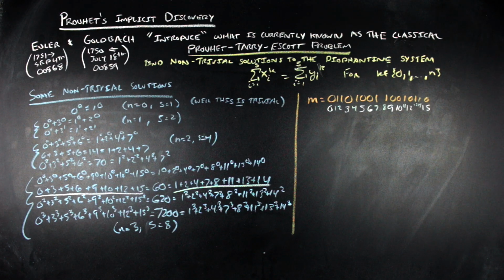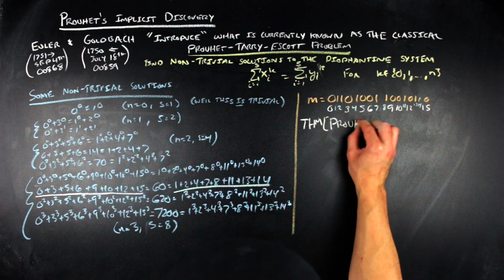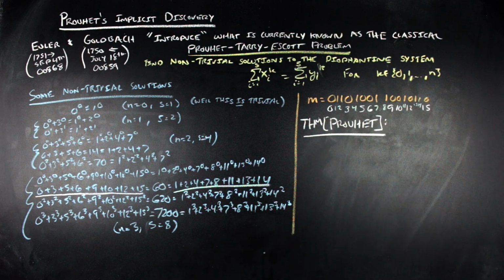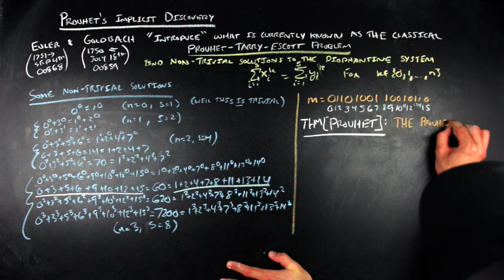In particular, Prouhet proves the following theorem, just in an equivalent wording, since the Prouhet-Thue-Morse sequence was not something that he explicitly defined.